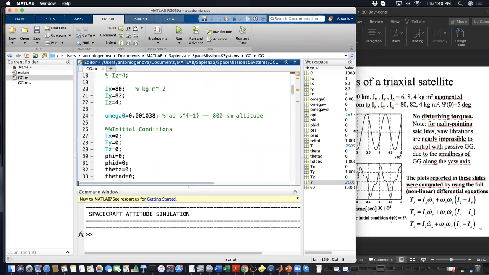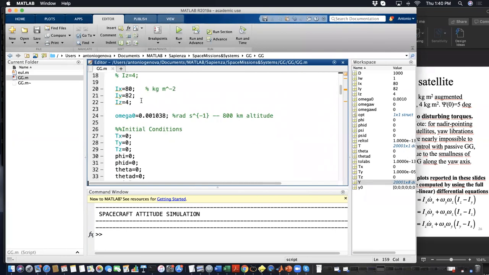You can do it by yourself, but what you need to do is to define the moment of inertia and a certain angular velocity of the orbit. For example, the example that we're going to see considers a circular orbit at 800 kilometers, which corresponds to omega 0 equal to this value in radians per second.